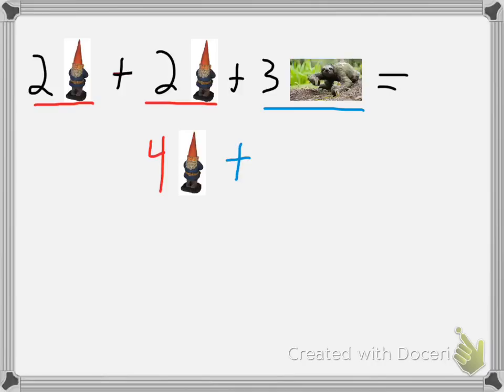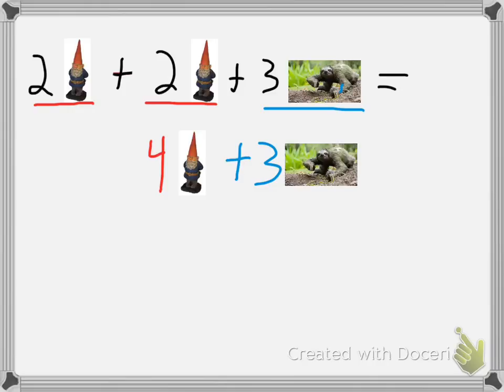Well, I only have 3 of them. And so I end up with 4 gnomes and 3 sloths. And I can't combine any more than that because they're completely different items.